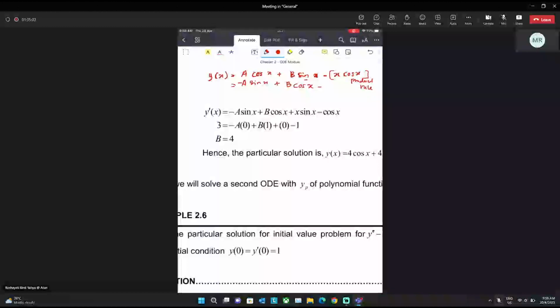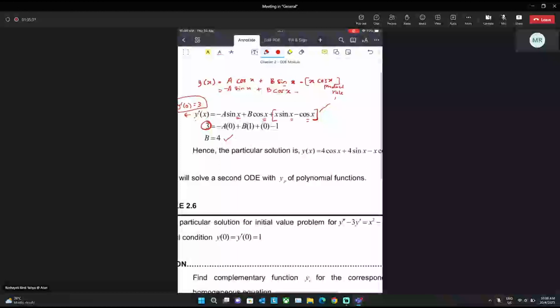So after use product rule you will get this. Okay. So you apply initial condition. Initial condition given y prime 0 equal to 3. So 3, x equal to 0, apply x equal to 0 here.